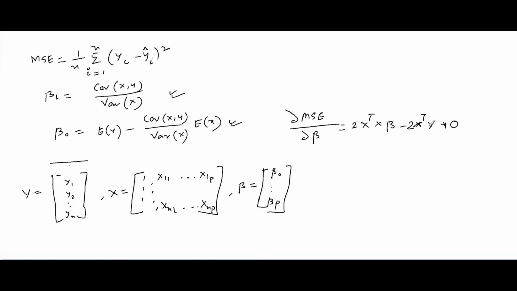Remember, all these are capital X, don't get confused with the small x. Set it equal to 0. That will give me the global minimum. So the beta value will come basically as (X transpose X) inverse, X transpose, and then y. Okay, this is the way we get the beta value for multivariate.